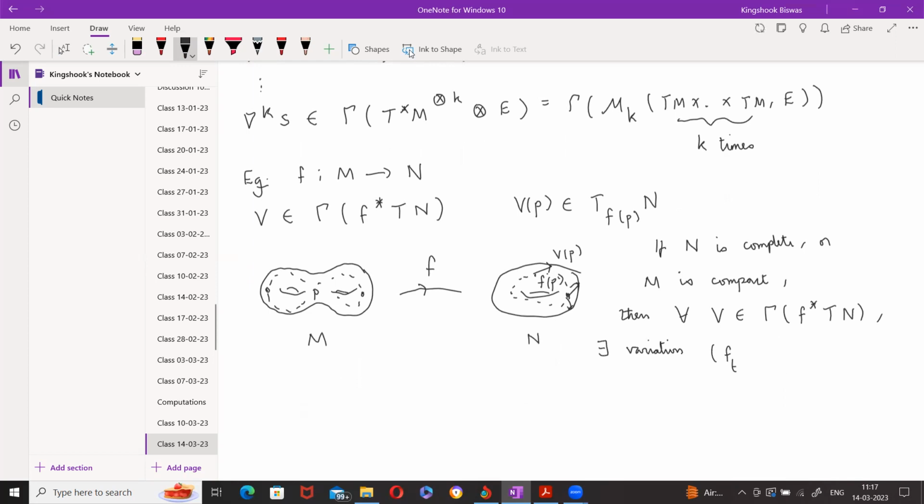So these are maps from M to N, for t small, such that, so this is a variation, means F_0 is equal to F and del del t at t equal to 0, the variational vector field of this variation, is equal to V.